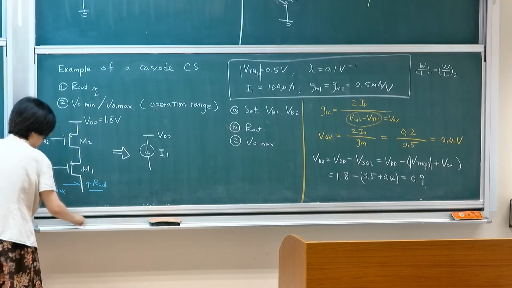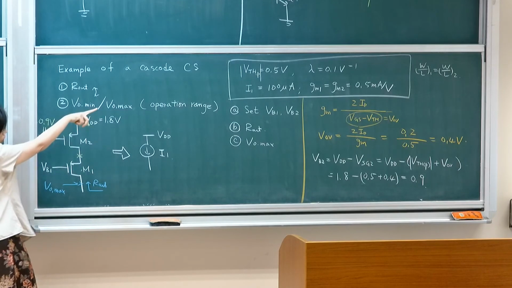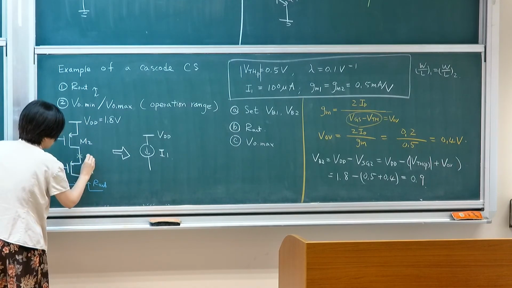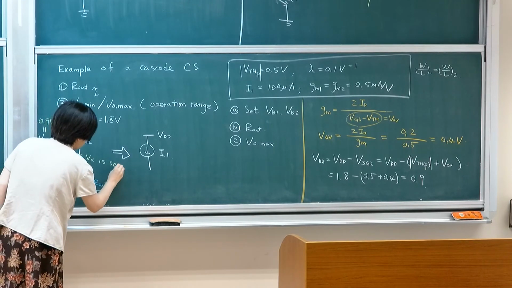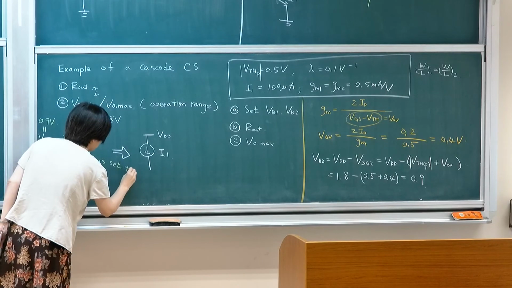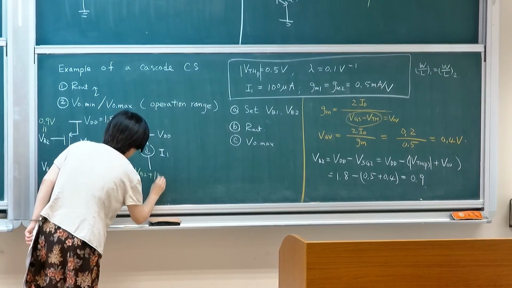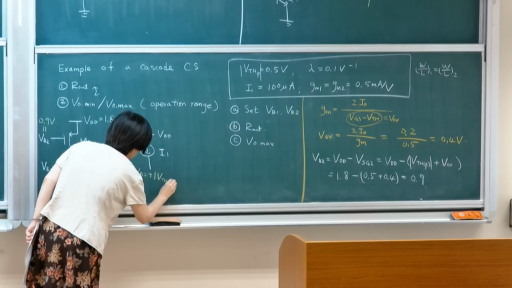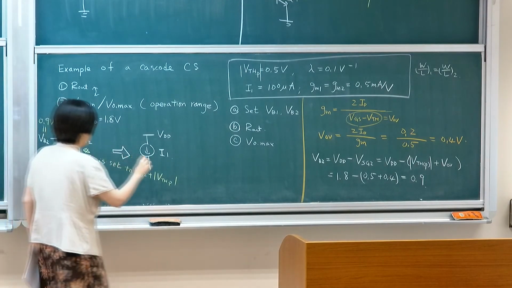Therefore, typically, this is set to one threshold higher. So let's say Vx is set to VB2 plus one threshold, so that it will be at the edge, so that it will still be in saturation, at the edge of saturation.